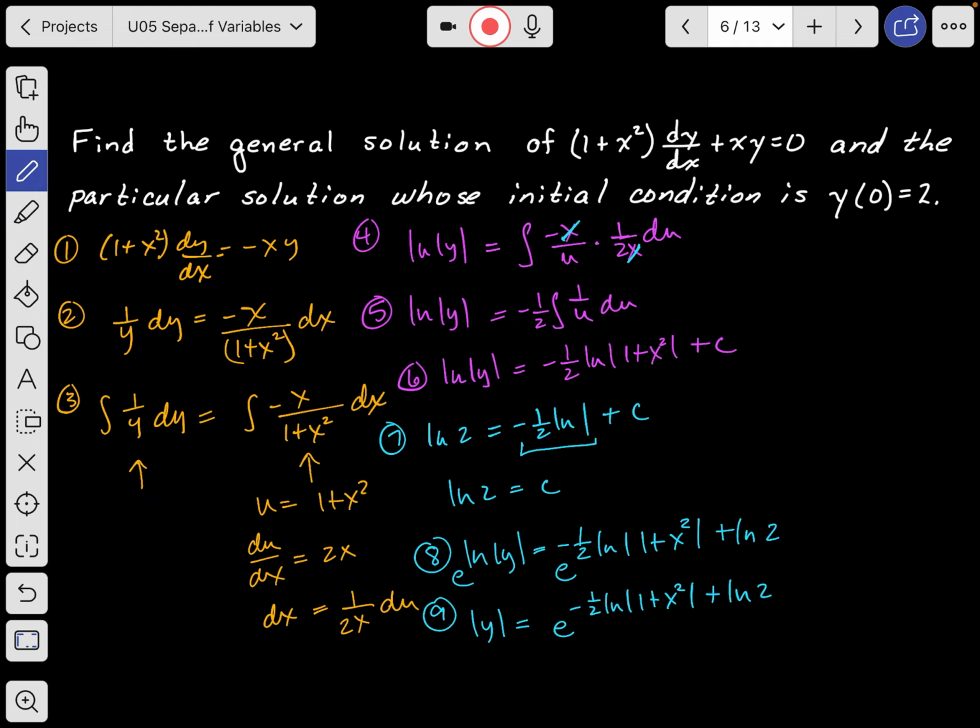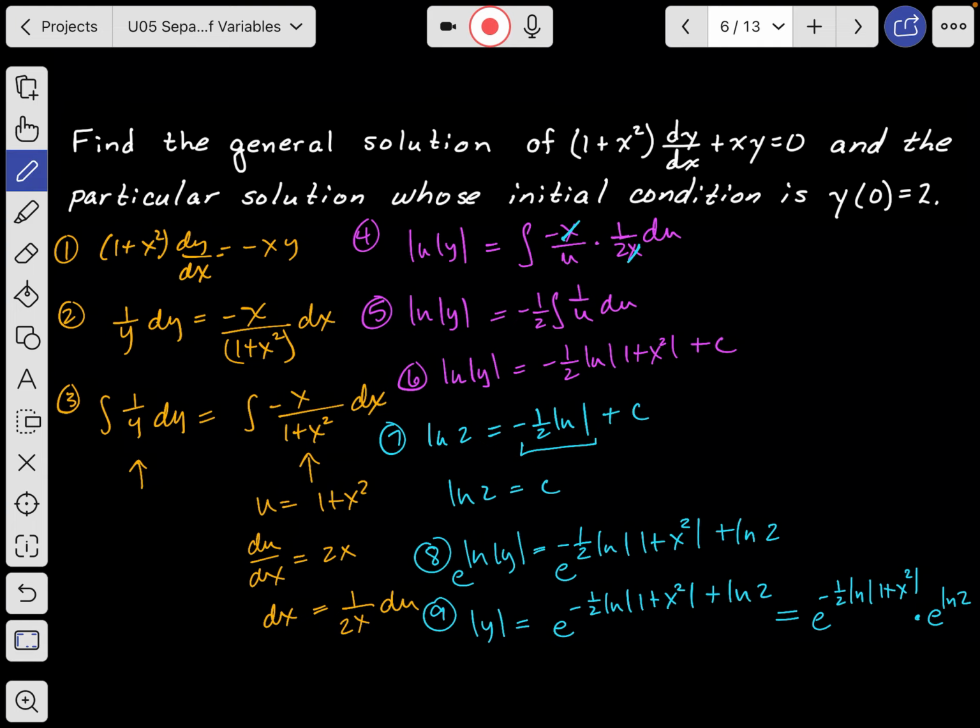So I want to show you something. Right here, this side of the equation, I can write instead as e to the negative 1/2 ln 1 plus x squared times e to the ln 2.